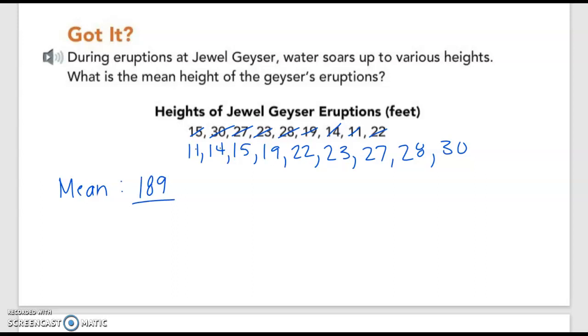We have 1, 2, 3, 4, 5, 6, 7, 8, 9. So we're going to divide 189 by 9. That gives us an average, or mean, of 21. This means that the average height of the water when it shoots up during an eruption is 21 feet.